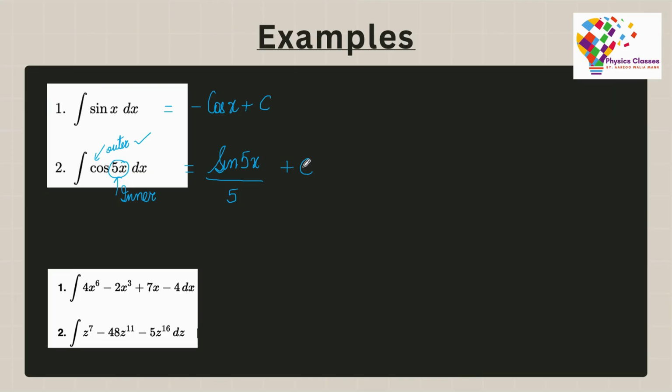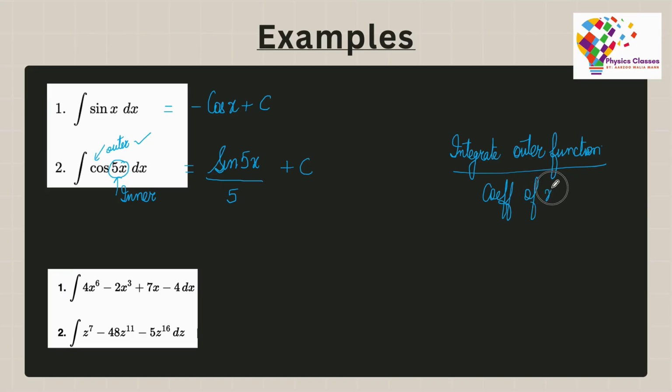Then further over here at the bottom you can see I have a question where I want to integrate 4x to the power 6 minus 2x cubed plus 7x minus 4. It's a basic thing, but the plus and minus signs will stay the way they are and we will just integrate.